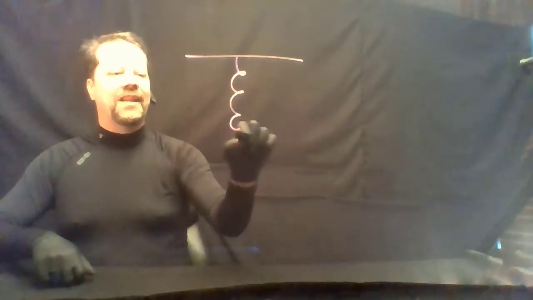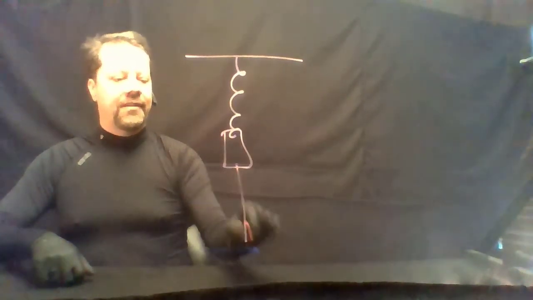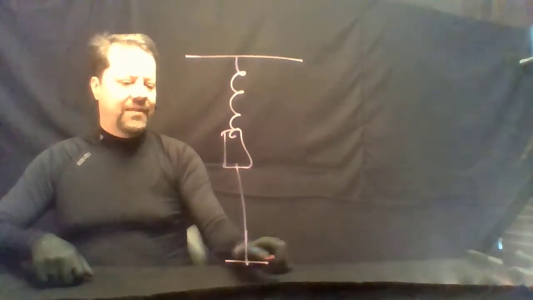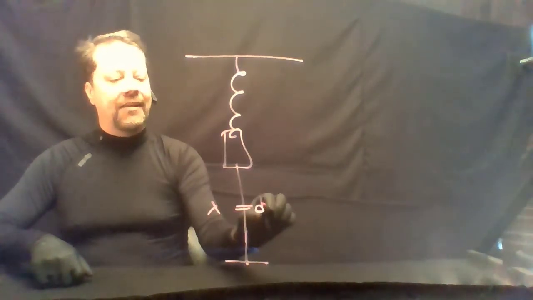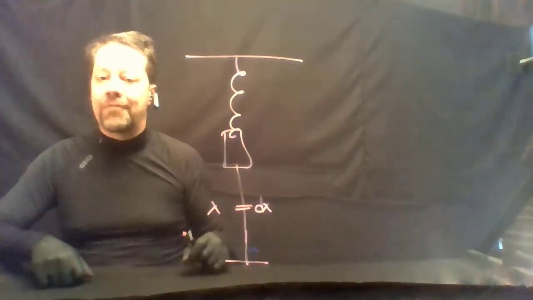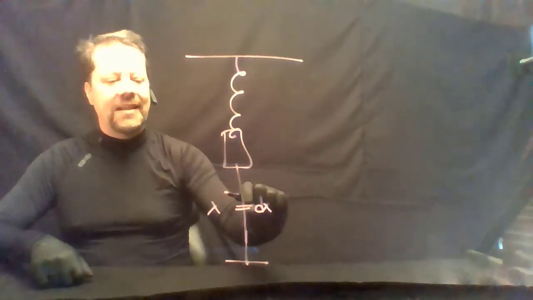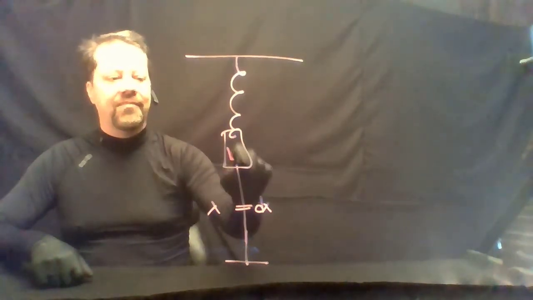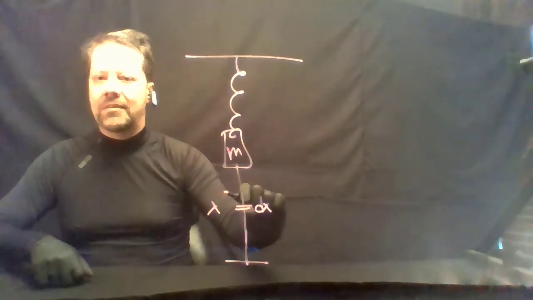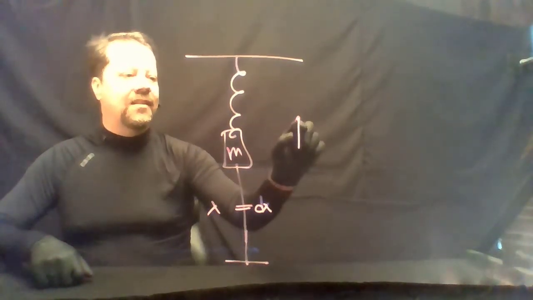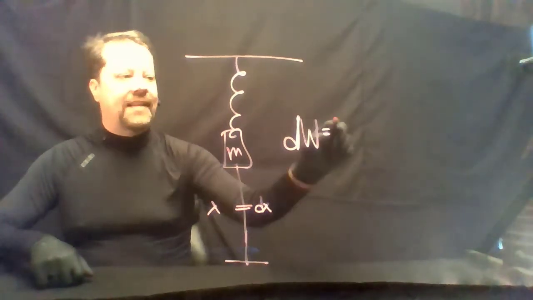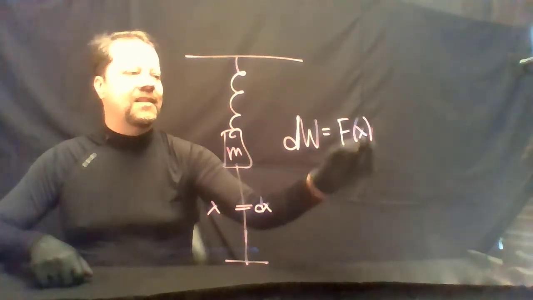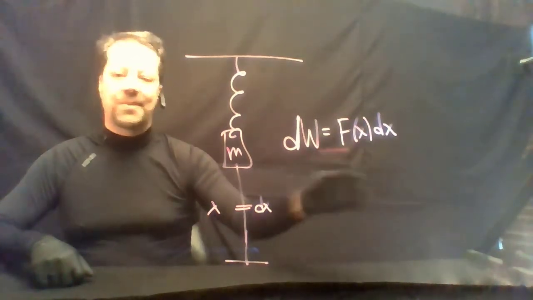In our spring example, let's suppose that we've stretched the spring out to here, but at some point x, we want to calculate the little tiny element of work that is done in displacing the mass some very small amount. In that case, the little element of work is the force at that displacement times that little infinitesimal displacement.